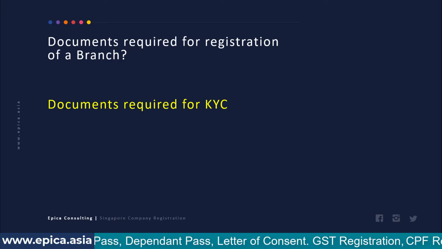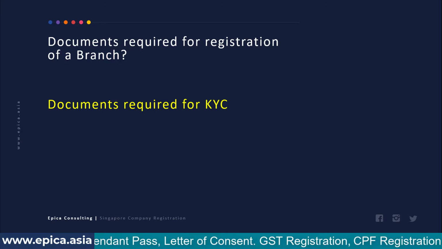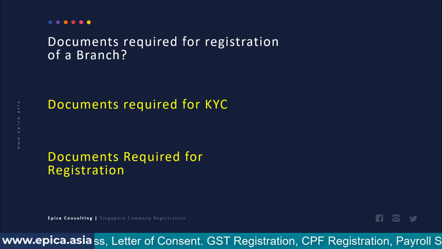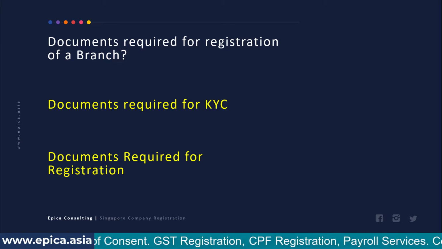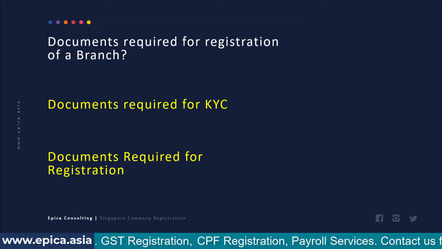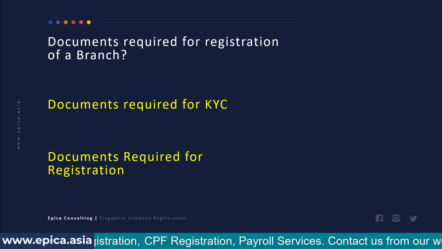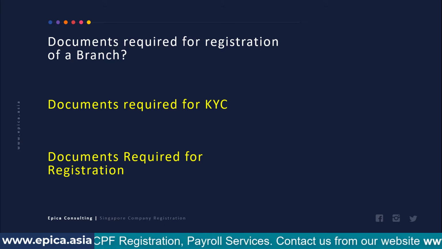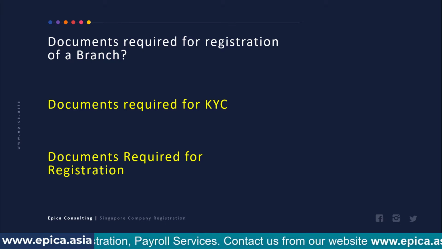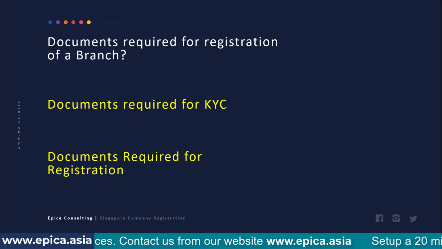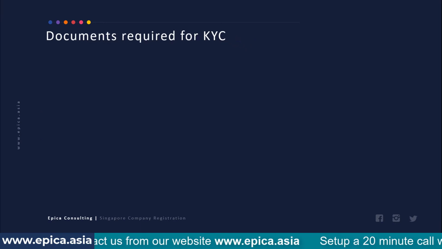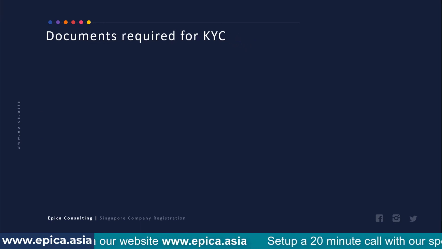The next set of documents is required for the registration of the branch, and these need to be lodged or uploaded at the time of branch registration in the ACRA BizFile system. Let's first look at the documents required for KYC purposes.